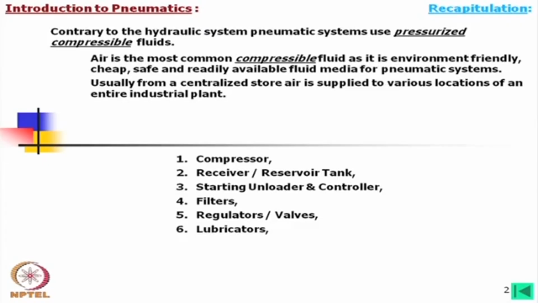Now, why is the lubricator needed? That is needed to add some lubricant to the compressed air, because when it is being used in the pneumatic systems, there are moving components and there are no other means to lubricate those components. So, lubricant is mixed with the air.